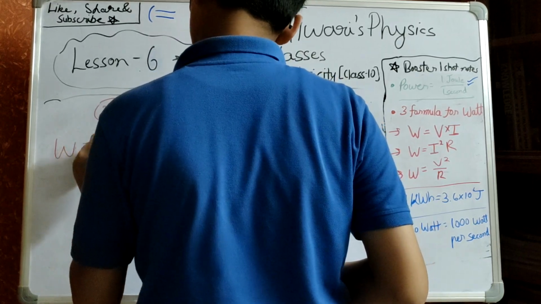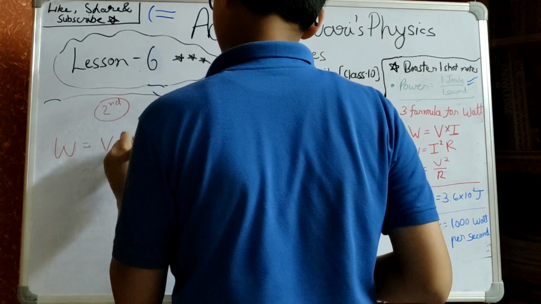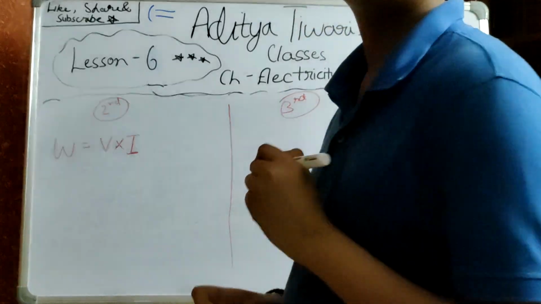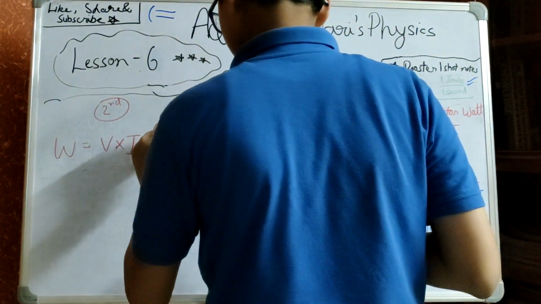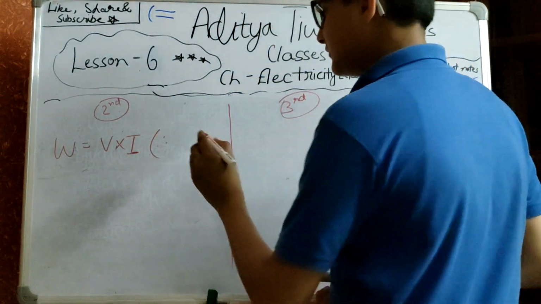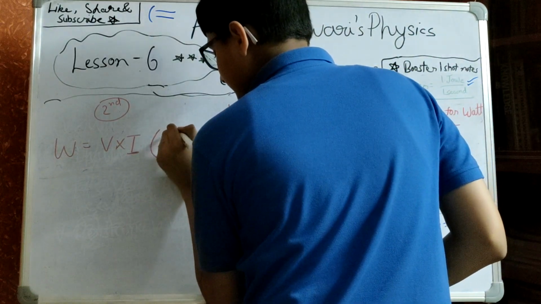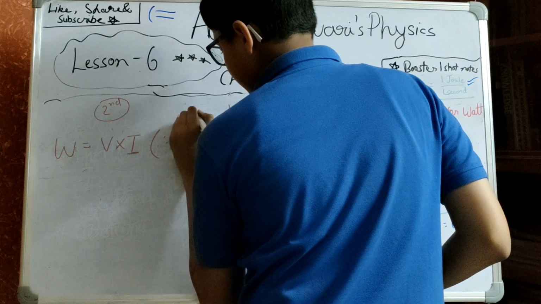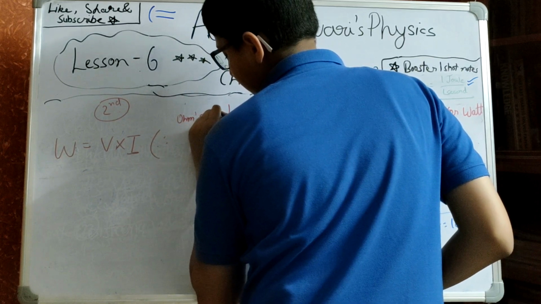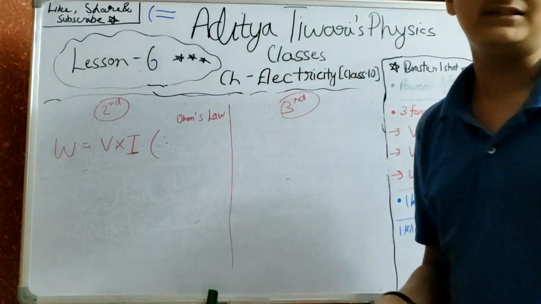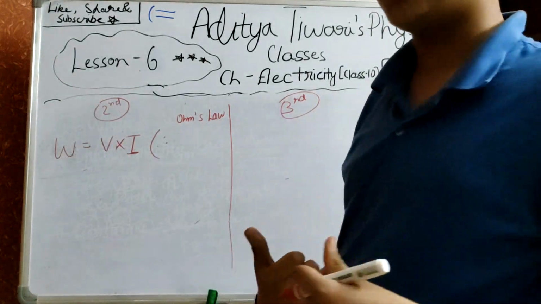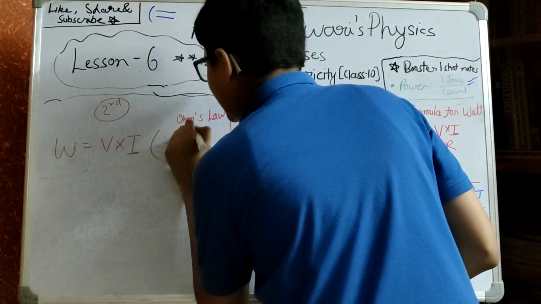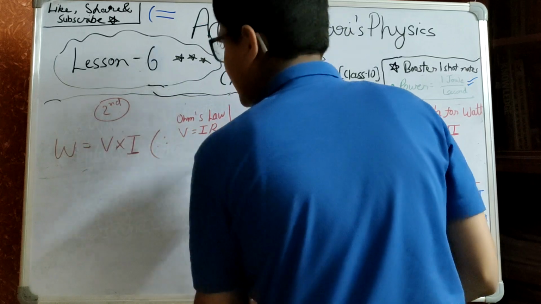Watt is equal to potential difference times electric current. We know that. Now we have to remember Ohm's law. Remember lesson 3, I have told about Ohm's law. Ohm's law states V is equal to IR.